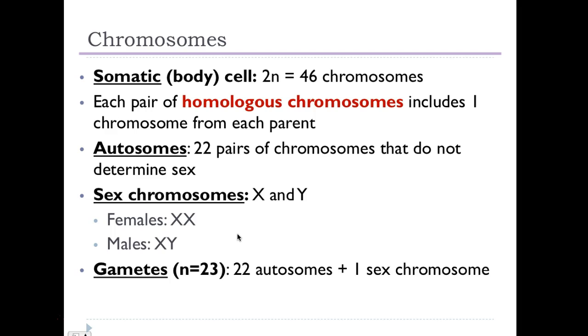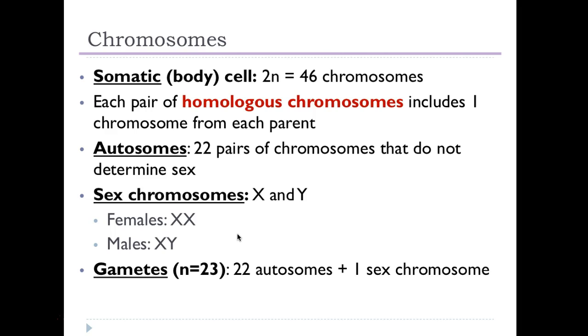So let's take a further look at chromosomes. Ultimately, we know that chromosomes are found in our cells, and in the human body, or somatic cells, the diploid number, 2n, is equal to 46 chromosomes. Each pair of homologous chromosomes includes one chromosome from each parent.